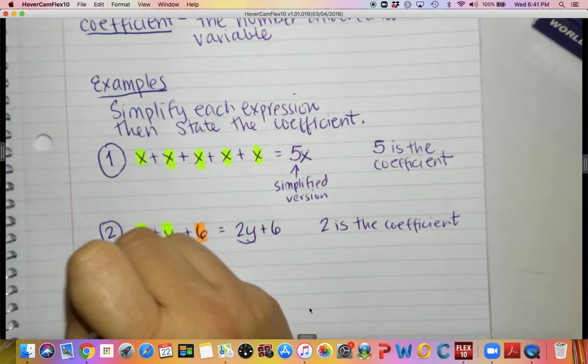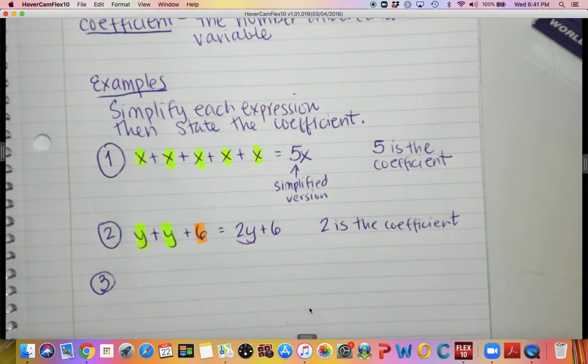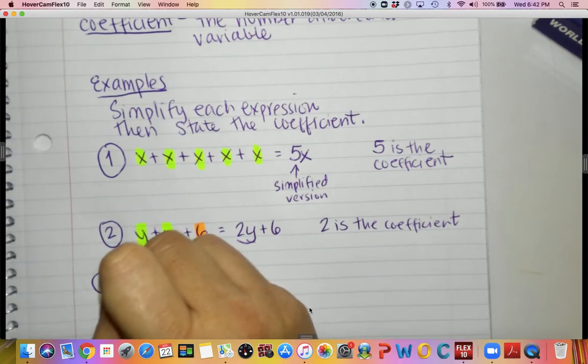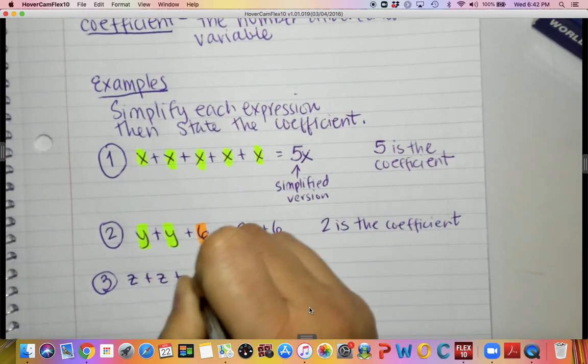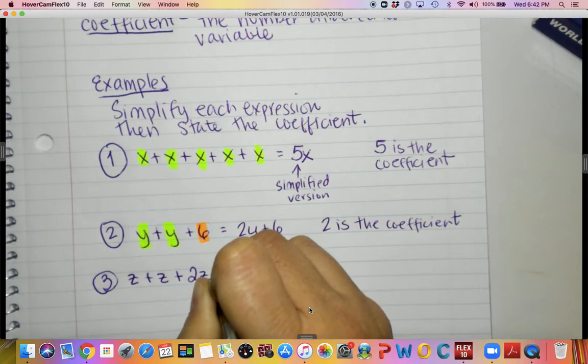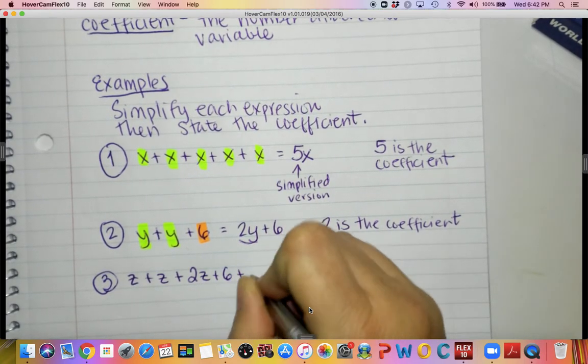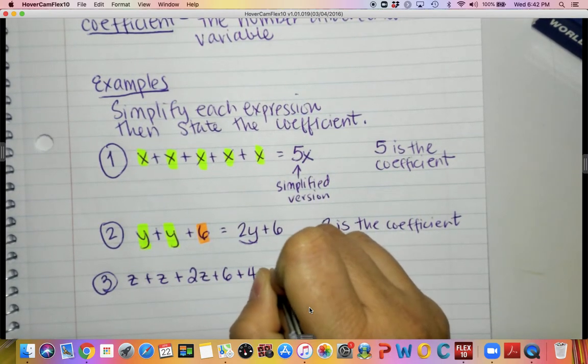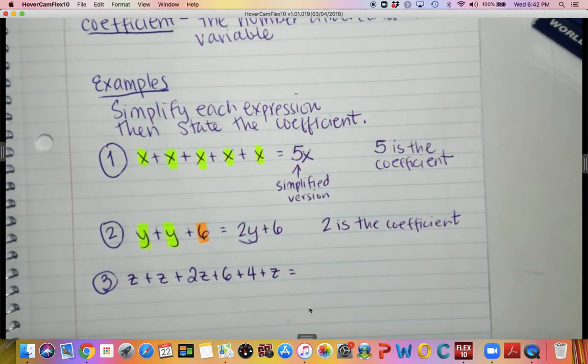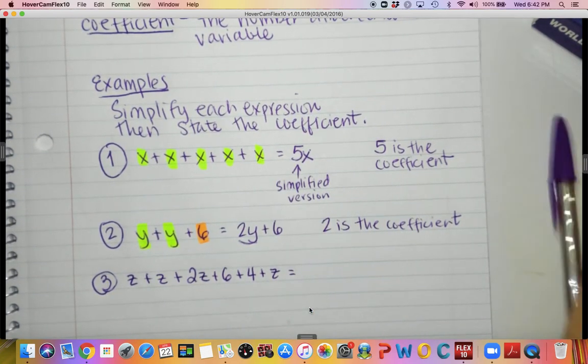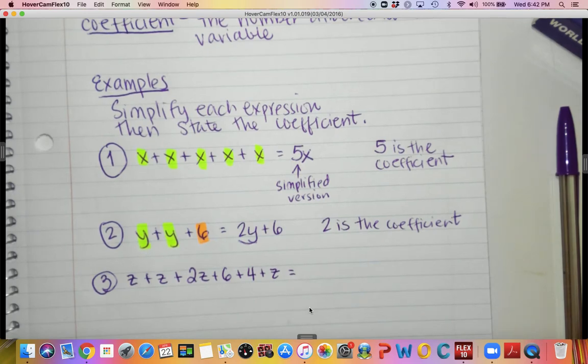All right, let's look at another one. Let's see if we can make it a little bit more difficult. I'm going to do z plus 2z plus 6 plus 4 plus z. So I'm going to find all my z's, and those all go together.